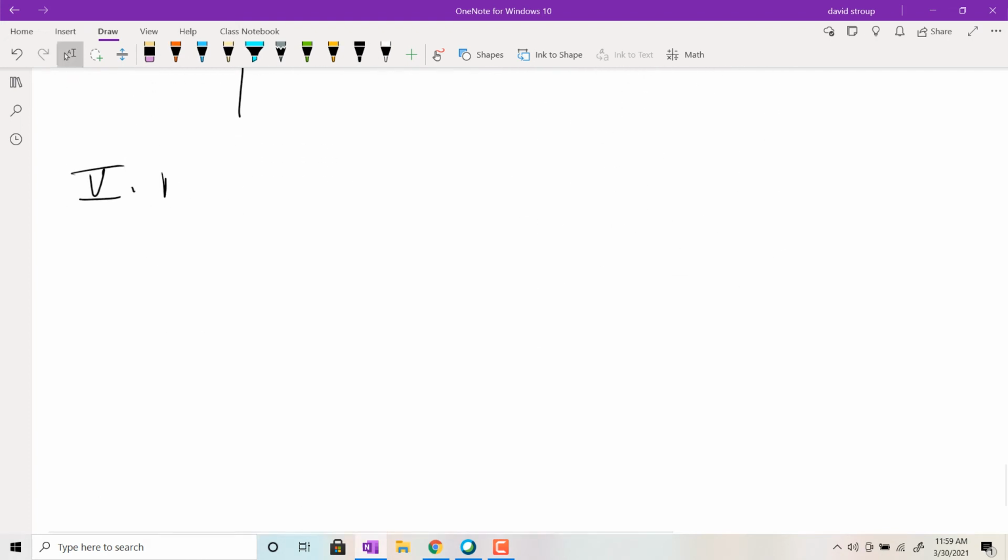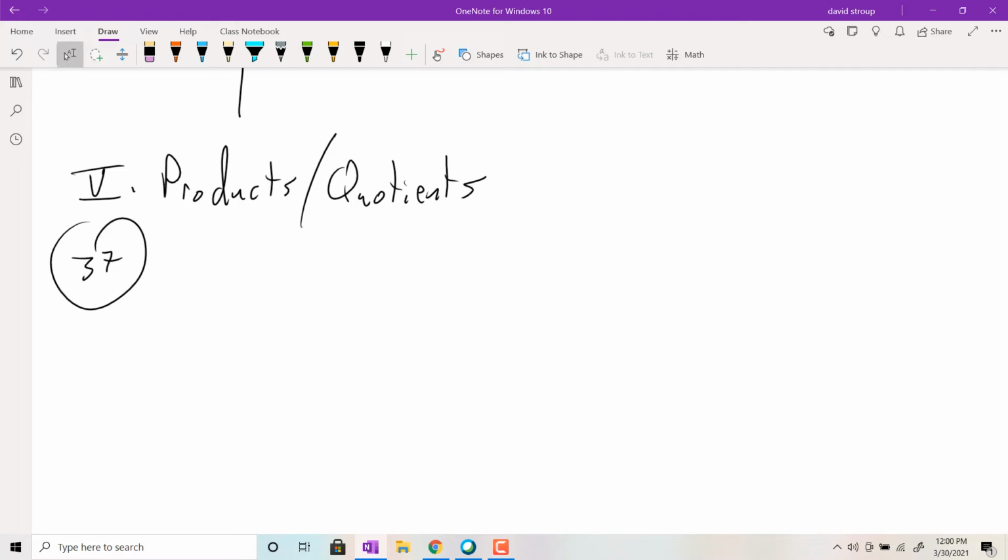So products and quotients. And 37, we want to do a product. And I'll kind of show you the reasoning as I go through this problem. In the end, there's a kind of a shortcut to it, but I'll show you why the shortcut works.